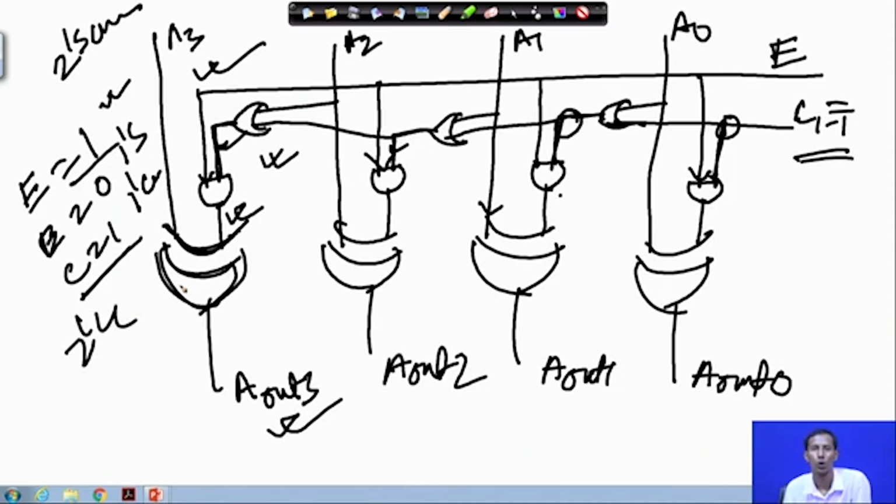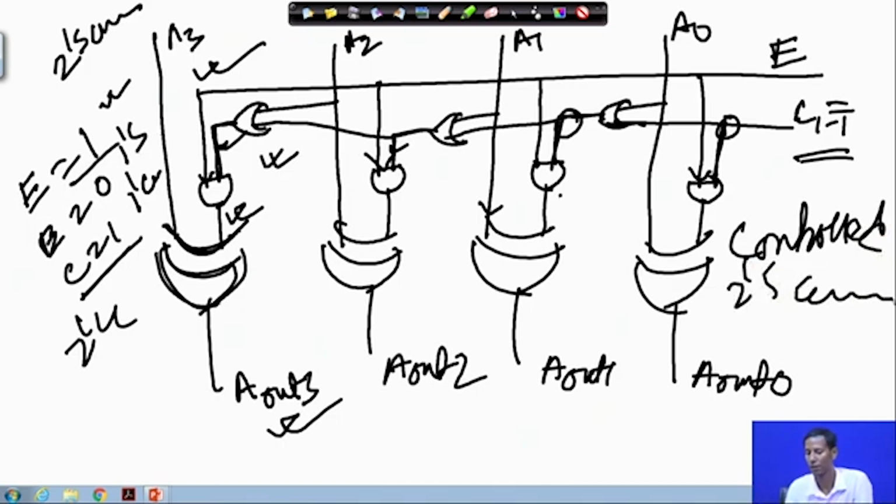Okay. So, this is the controlled 2's complement circuit.